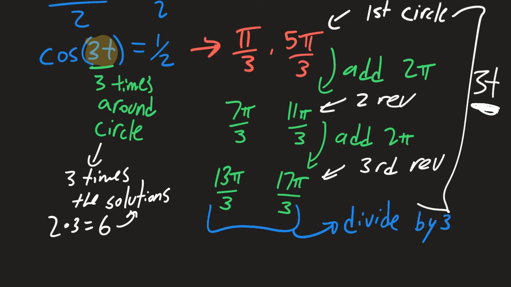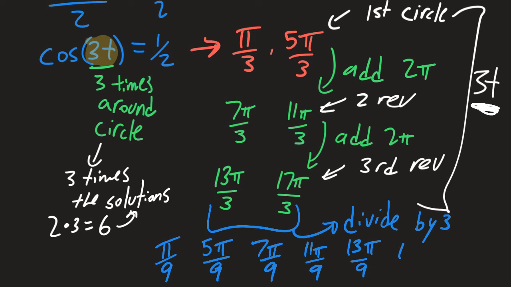The first answer I get from pi over 3 is going to become pi over 9. 5 pi over 3 is going to be 5 pi over 9. Then 7 pi over 9, 11 pi over 9. You're already starting to discover something here. 13 pi over 9 and 17 pi over 9. And these are my final solutions for this.